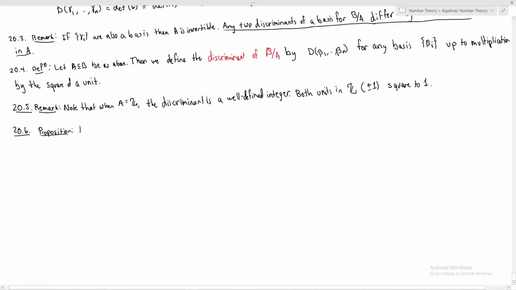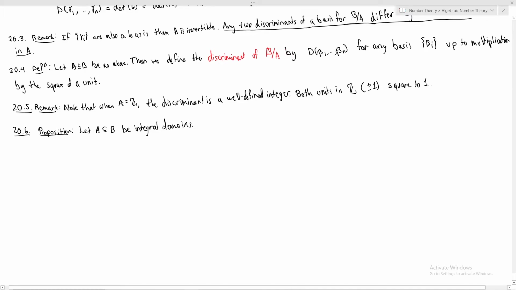So we're going to let A, and in this setting they're going to be assumed to be integral domains. Let A contained in B be integral domains. I cannot imagine a situation in which we would use this machinery when A and B weren't integral domains.